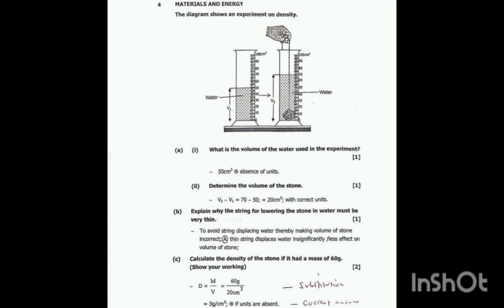So to find the volume of the stone, you say volume is equal to V2, which is the final volume, minus V1, which is the initial volume. So V2 is 70 cubic centimeter minus V1 which is 50 cubic centimeter. Subtracting, you obtain 20 cubic centimeter.